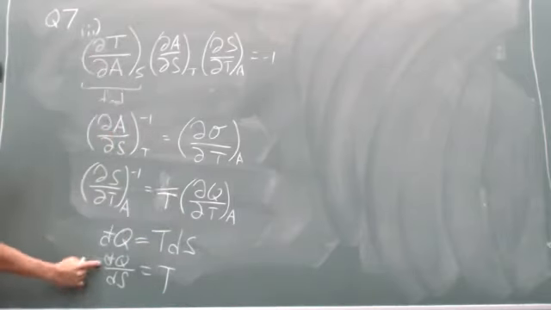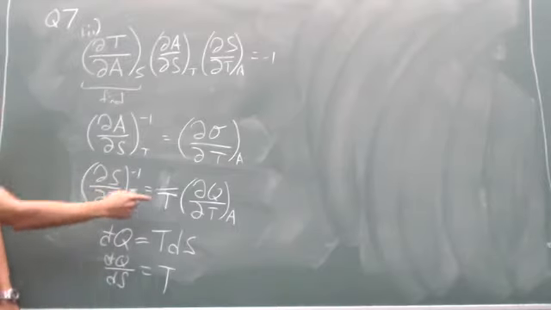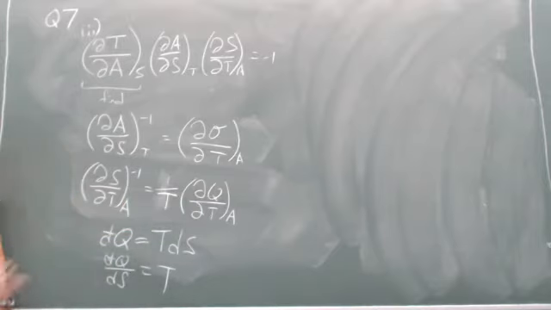So we just use a chain rule, where dQ/dS is T, to swap out this dS for dQ, and then get a 1 over T factor out the front.